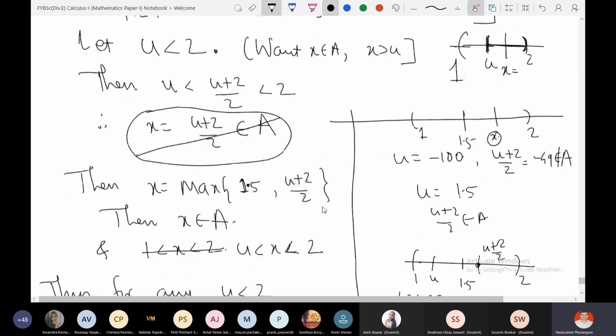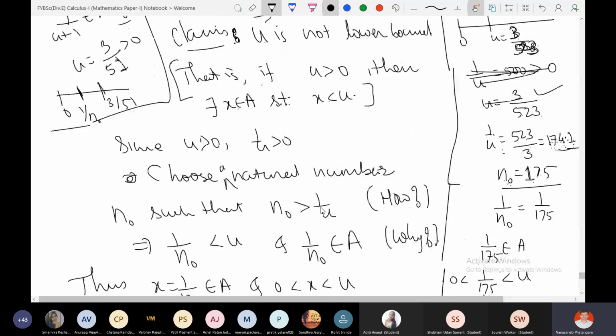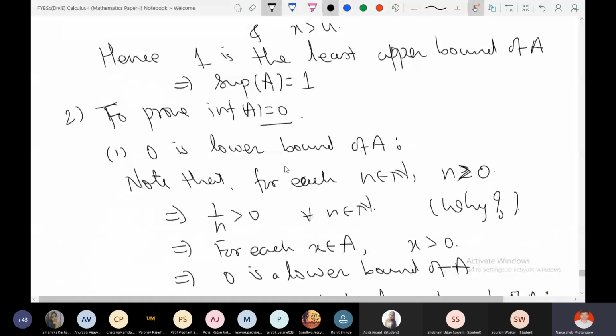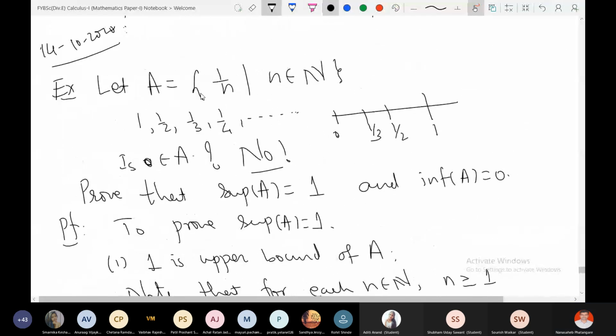Yes, previous discussion. What is our previous discussion? What is the infimum of this set 1 by n? Do you understand this?